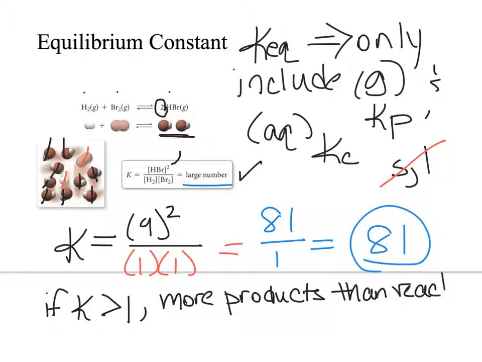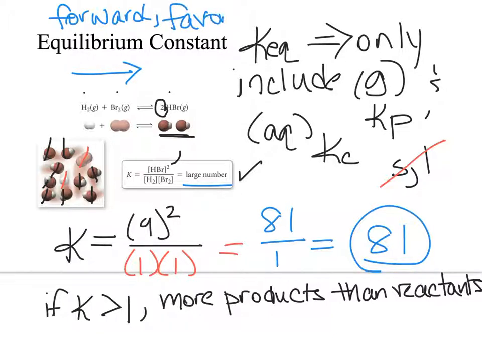So that tells us about the direction of the equilibrium. So in this particular instance, the forward reaction is favored, because I'm going to have more products than reactants.